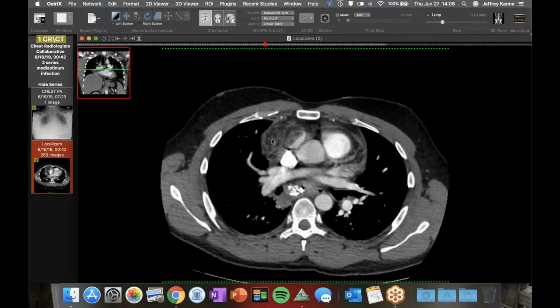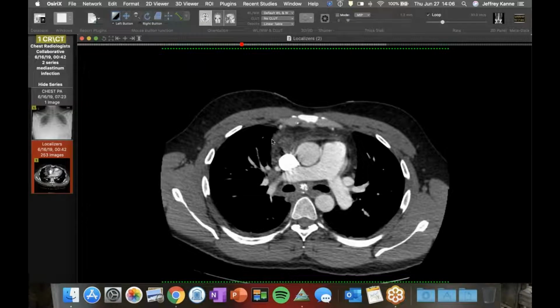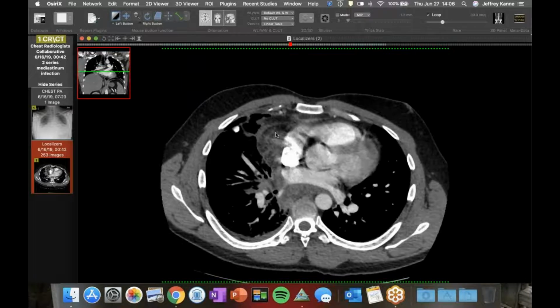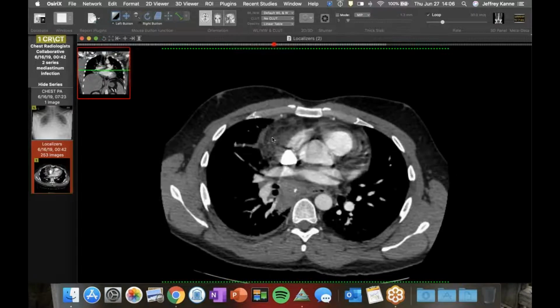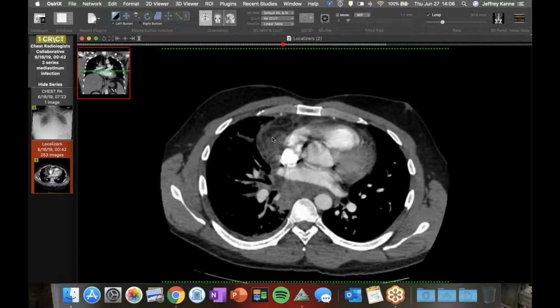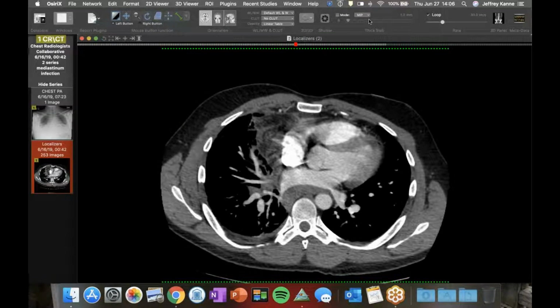Ultimately, he ended up having an anterior sternotomy to look at what's going on, and they just saw purulent secretions and a bunch of stuff in there, but no drainable collection. Most of the organisms were polymicrobial flora, like you might see from an aspiration or something. So it's really unclear.